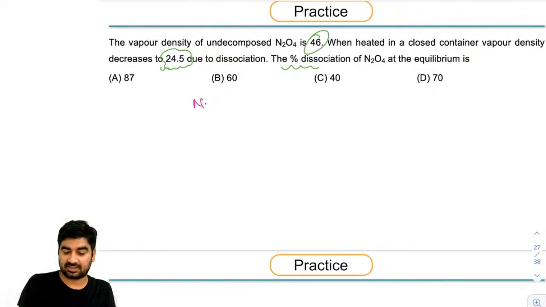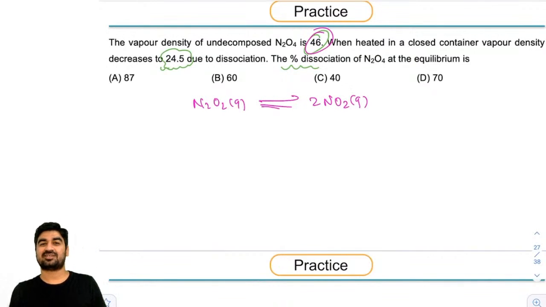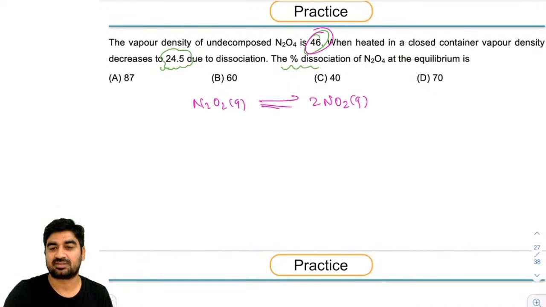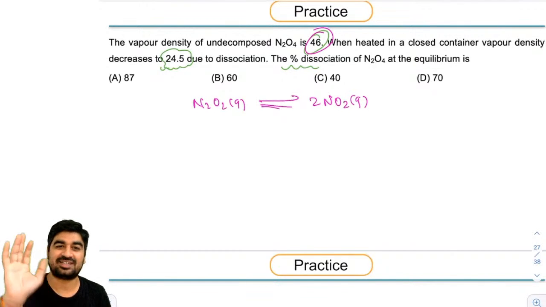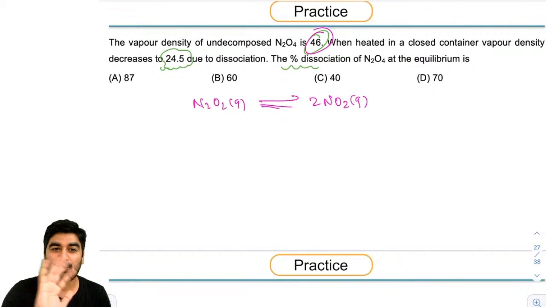So you will start it like this. Why is this data given? Actually, this data is given just to tell you that initially only N2O4 gas was present, and except N2O4, nothing was present. Only to tell you this, this data is given, and there is no other role of this data. Okay, guys.